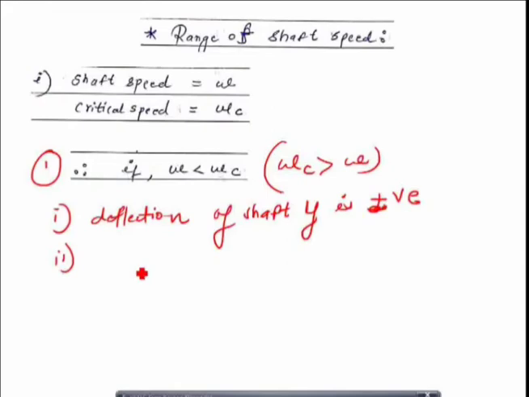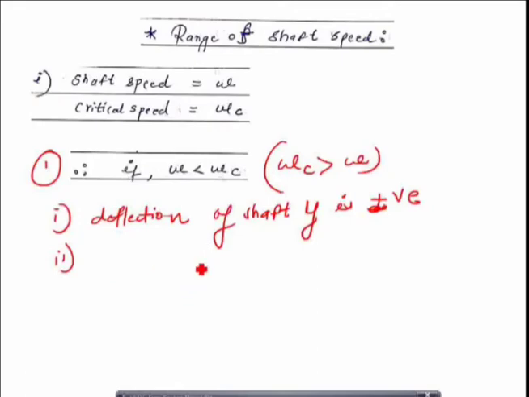Basically, there are three terms: O1, y, and e. What is y? y is the deflection of the shaft, e is the eccentricity, and O1 is the geometric center of the shaft. At this condition, the deflection of the shaft y and the eccentricity e are on opposite sides of the geometric center.